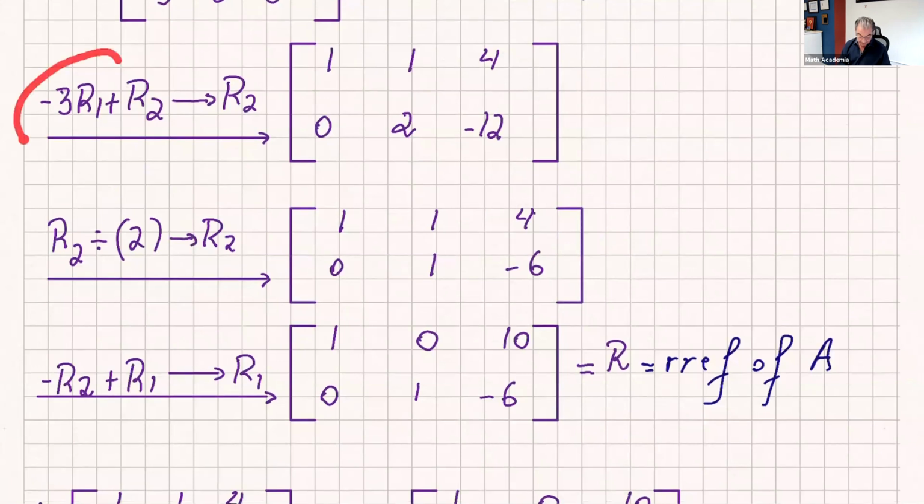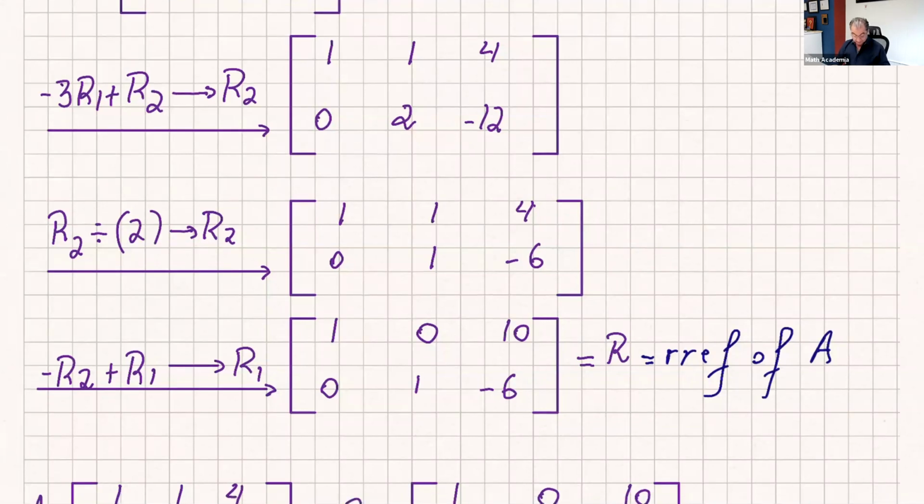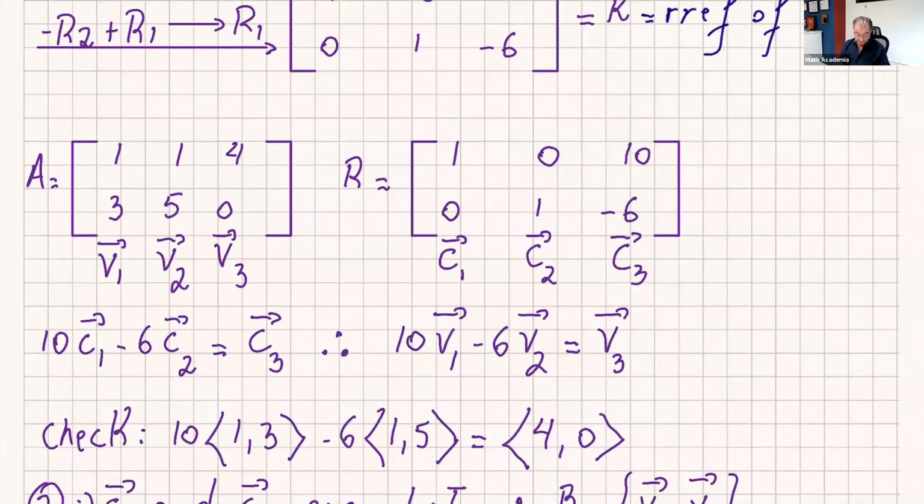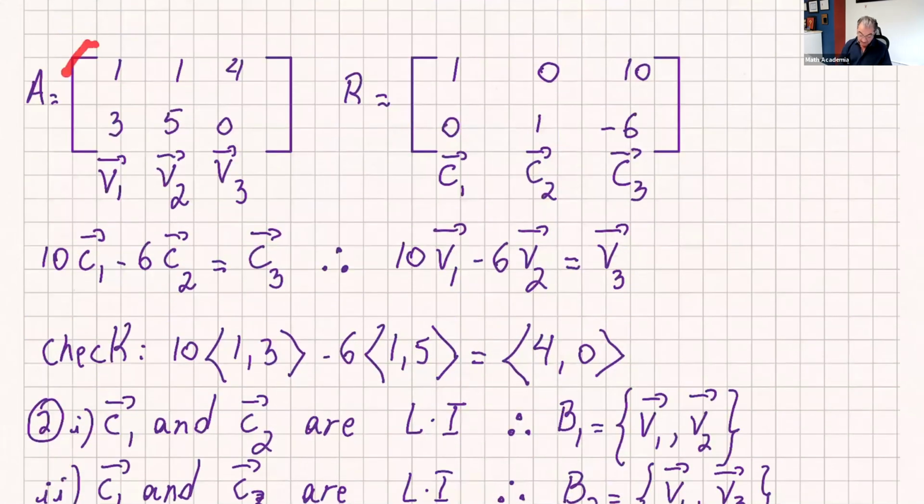As you can see, I did it here, and your RREF is going to be this matrix, and I call that R. So in my lectures, if I say R, that means this is the RREF of the matrix.